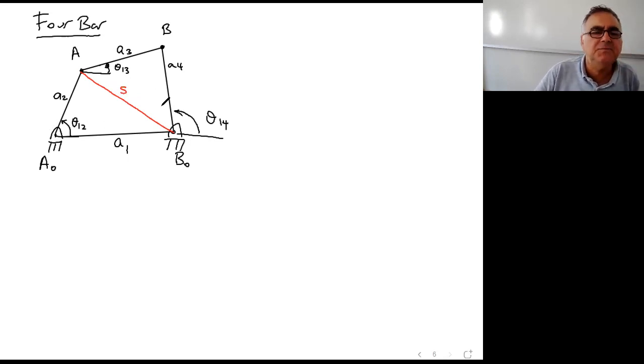Now we have divided the 4-bar into, as you see, 2 triangles. And the 2 triangles are easier to work with because we have sine and cosine theorems for those triangles, basically. This angle we will call mu.